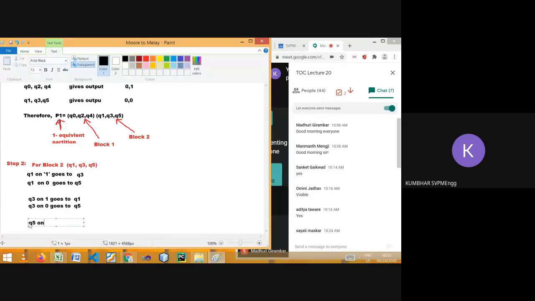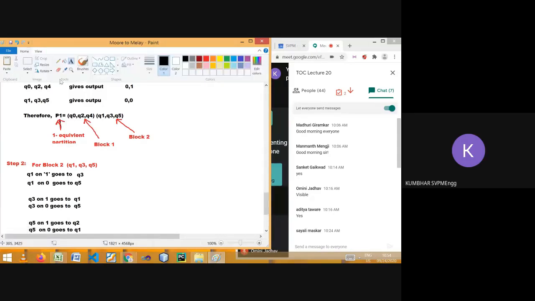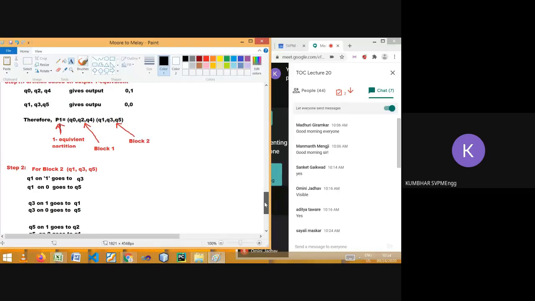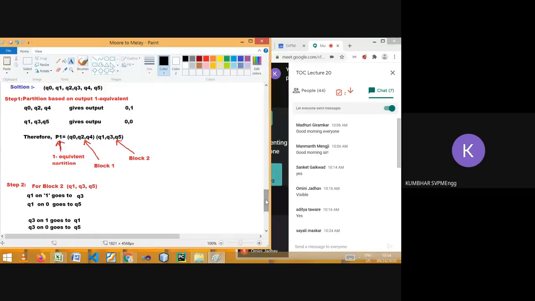Q5 on 1 goes to Q2, sorry, and Q5 on 0 goes to Q1. Okay. Wait, I think we have made some mistake in the input. That's why we are not getting that equivalence group. Just a minute, let me check whether the input is correct or not.